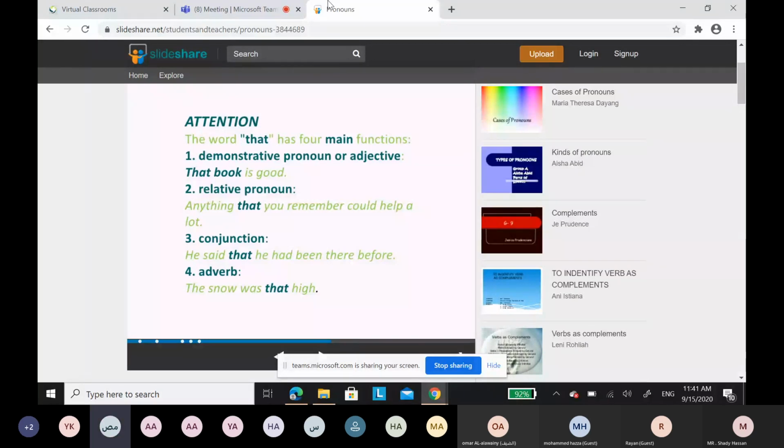We can use it as a conjunction. He said that he had been there before. We can use that as an adverb. The snow was that high. So four different usages for the word that. So don't muddle up, please.